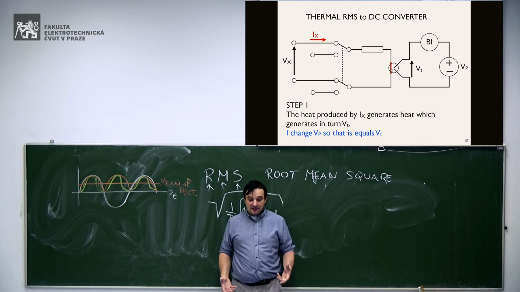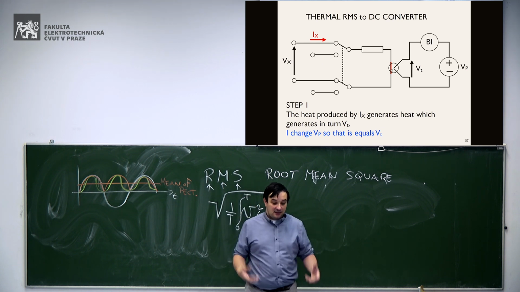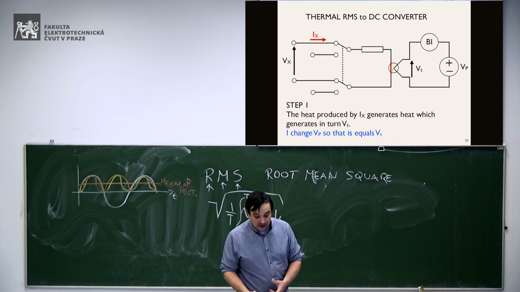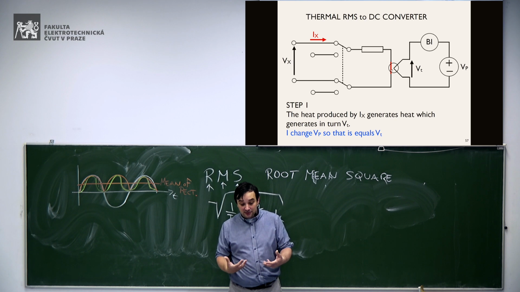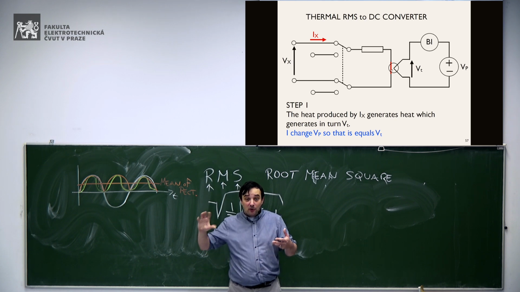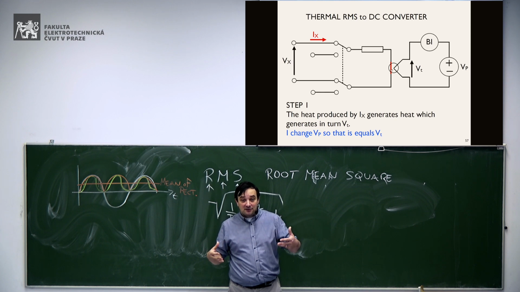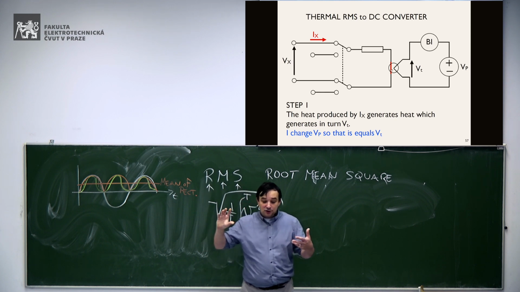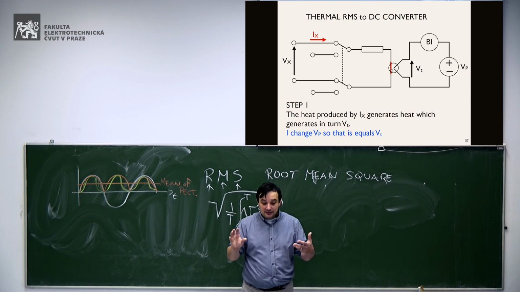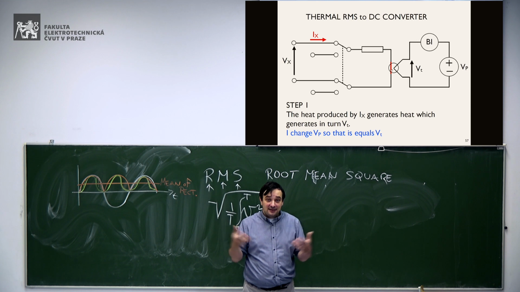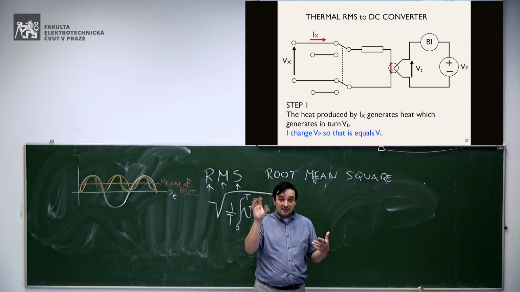I have Ix creating some heat, and the heat generates a voltage Vt with the sensor of temperature. I want to memorize this value of Vt. Therefore, I change Vp until it's equal to Vt, and I know that they are the same when the balance indicator says 0.